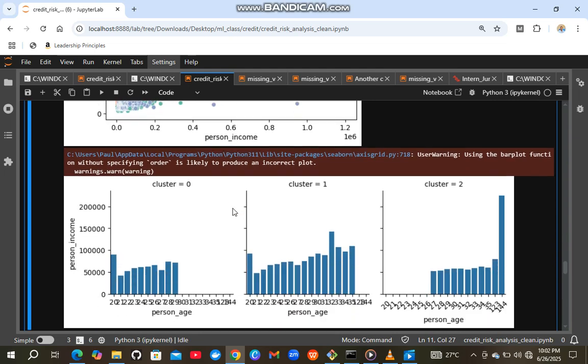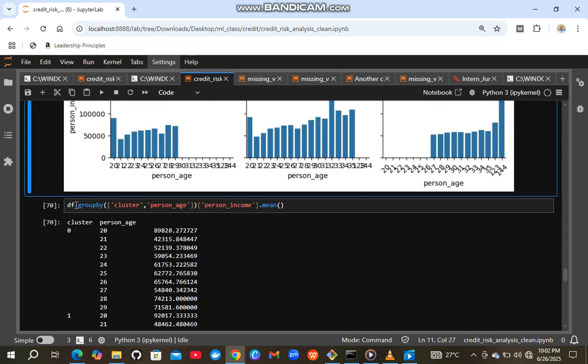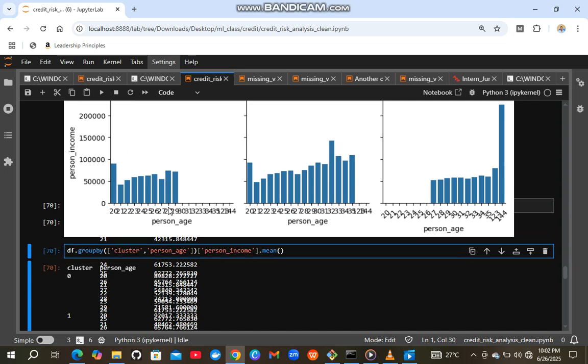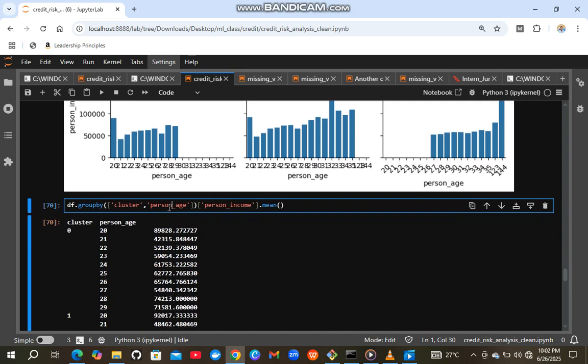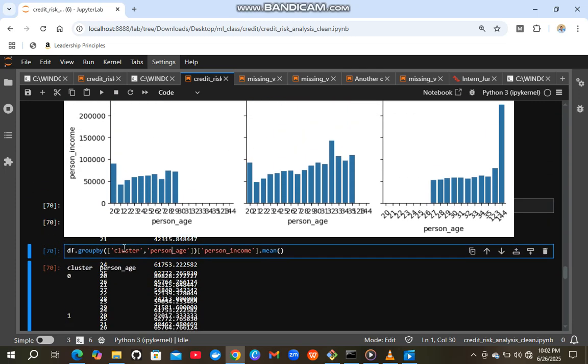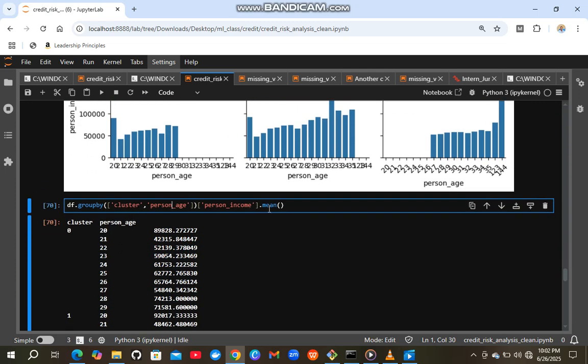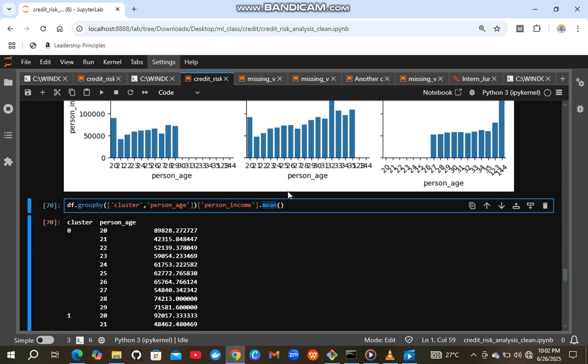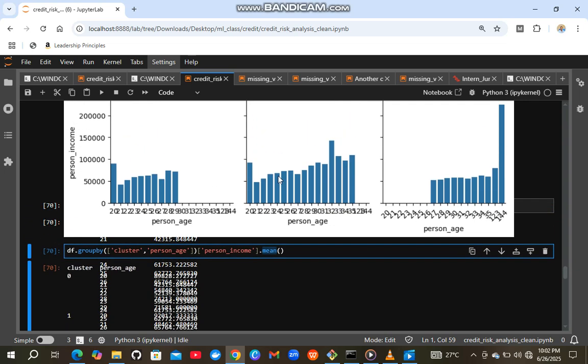So yeah, I just wanted to show you how to use group by to get insights into your data. So now we know the average income of the people of different ages, and according to those ages, we know the ages of the people in the different clusters we've got.